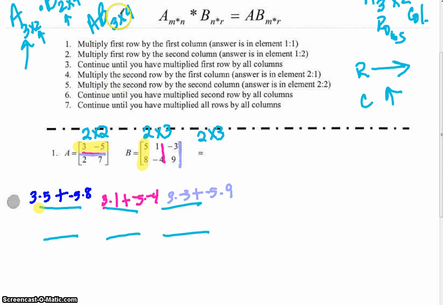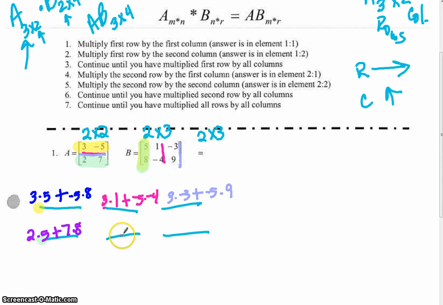So then you're ready to start on the next row. So this right here would be row 2, column 1. So you're going to take row 2 times column 1. So you're going to say 2 times 5 plus 7 times 8.